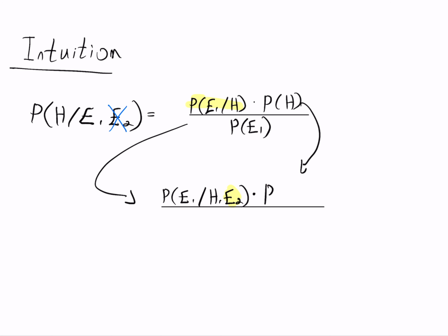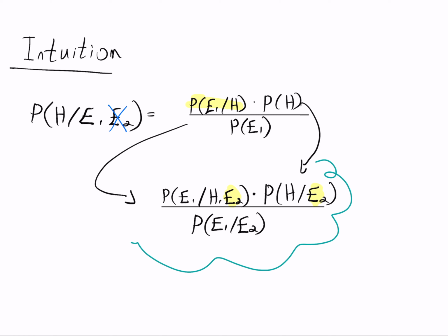And instead of P of H, I take P of H given E2. Again, because I know that evidence 2 is given. And of course, instead of taking P of E1, you take P of E1 given E2. And again, of course, we could have switched E1 with E2 and we will come to the same conclusion. So this is a phrasing of Bayes' theorem when we are working with two conditions.